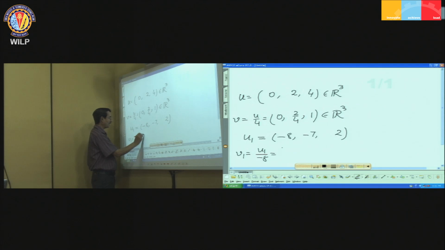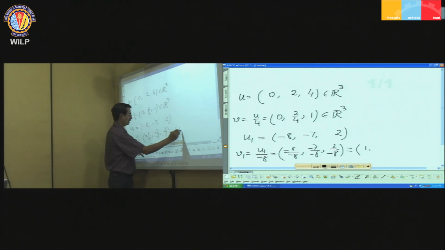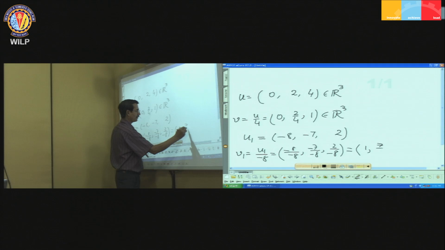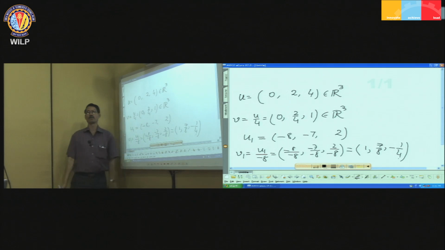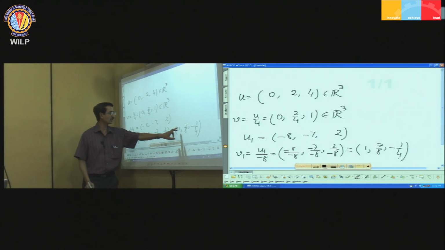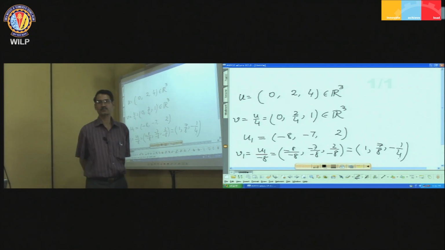So, I shall divide everything by -8. So, -8 over -8, -7 over -8, then 2 over -8. So, see what we are going to get here: 1, then 7 by 8, and then -2 by 8, so -1 by 4. So, look at here, the largest entry is 1. Therefore, this vector v1 is in the normalized form.